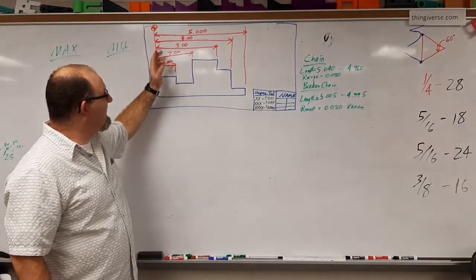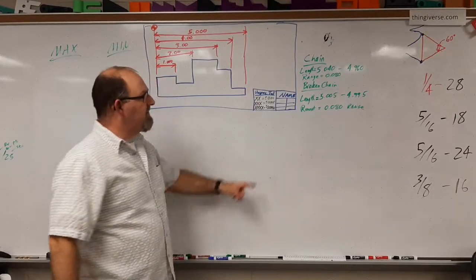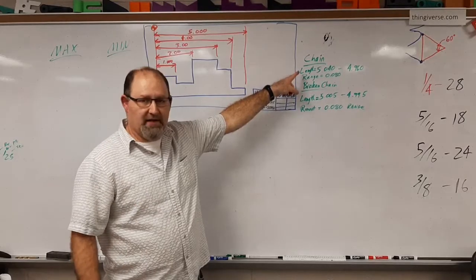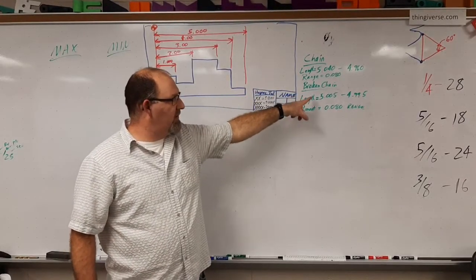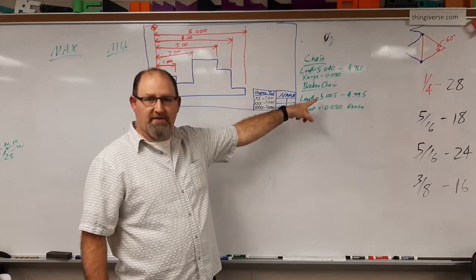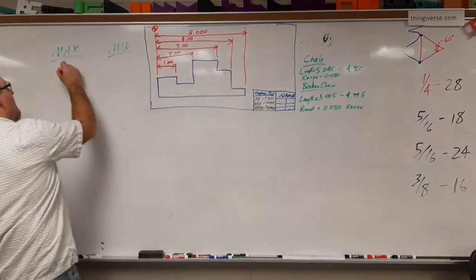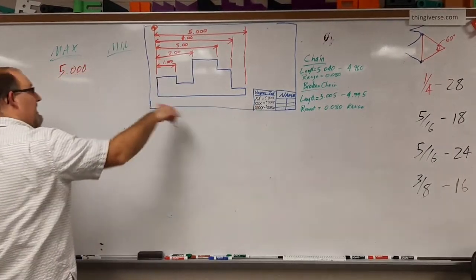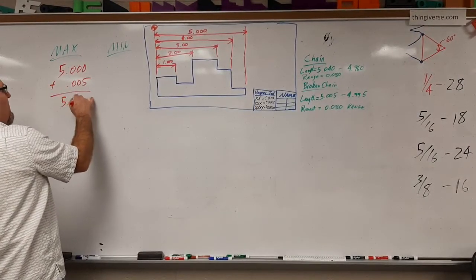Okay? In this particular case, the overall length, and by the way, I did go ahead and write up those numbers for our chain dimensioning. The length range was 4.96 to 5.04. The length for the broken chain was 4.995 to 5.05. In this particular case, the overall length, the maximum length, would be the 5.000 plus the unspecified tolerance of 0.005, which would be 5.005.